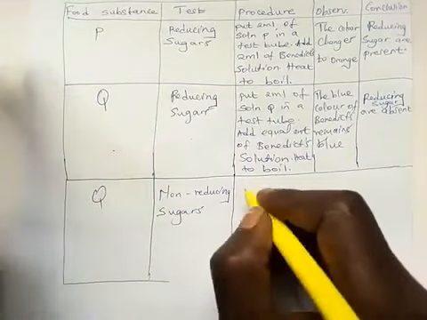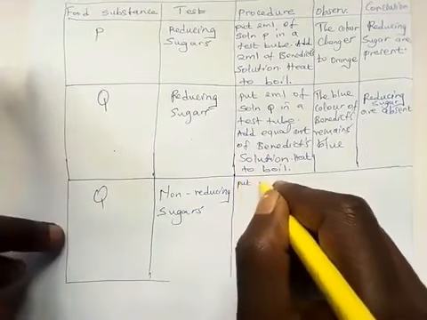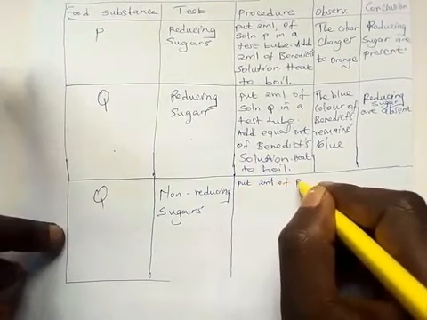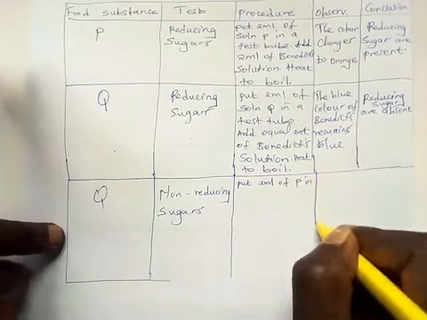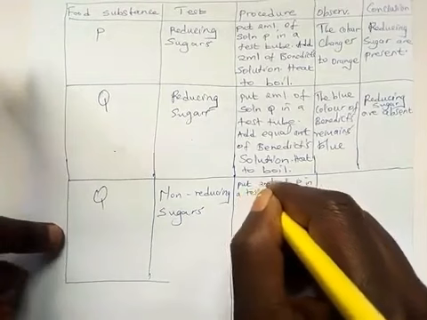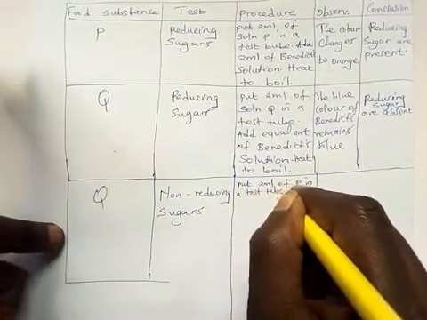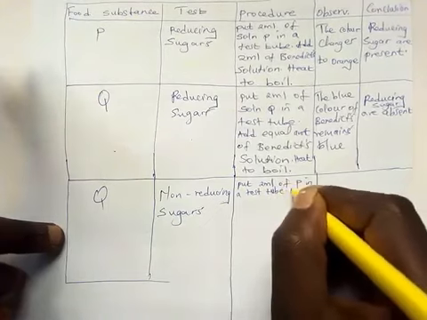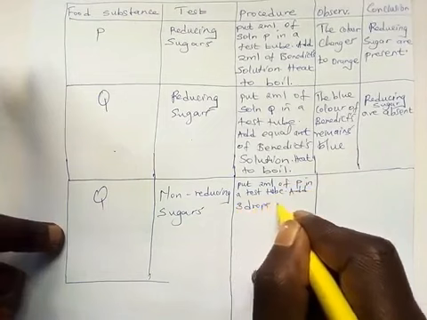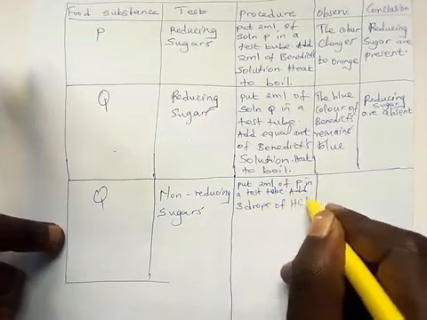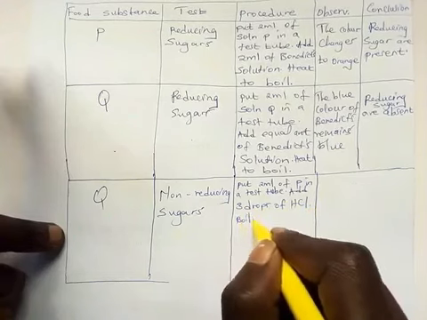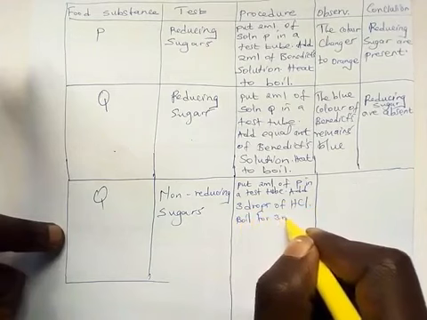Then you say put 2 milliliters of substance P in a test tube. Then you add 3 drops of dilute HCl and then you boil for 3 minutes.